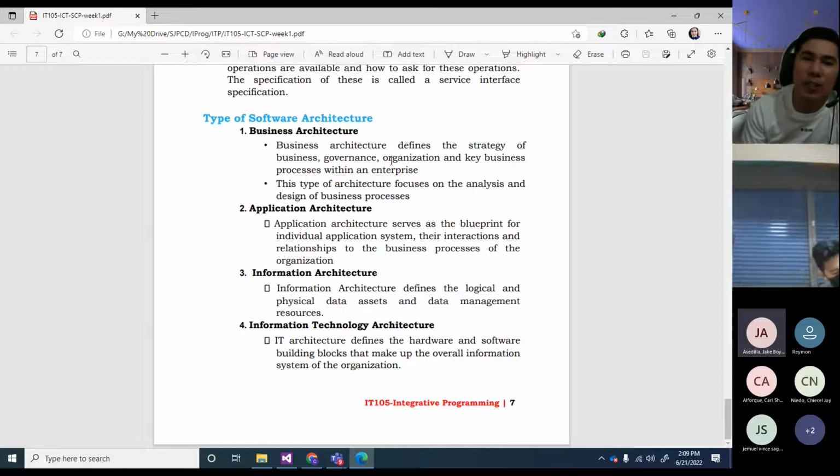When we speak of business architecture, guys, this is an architecture that defines the strategy of businesses, like governance, which are the rules and regulations within the organization, the company, and of course the key businesses within the corporate or enterprise. This type of architecture focuses on the systems analysis and design of business processes.